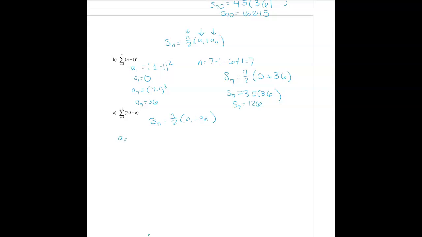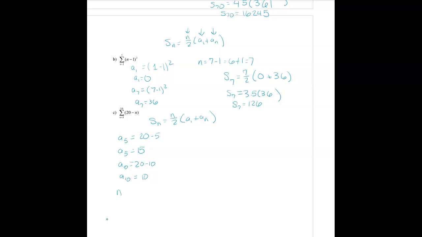So a sub 5 is equal to 20 minus 5, which is just 15. And my last term in this series is a sub 10, because that's my upper limit, which is 20 minus 10, so a sub 10 is just 10.